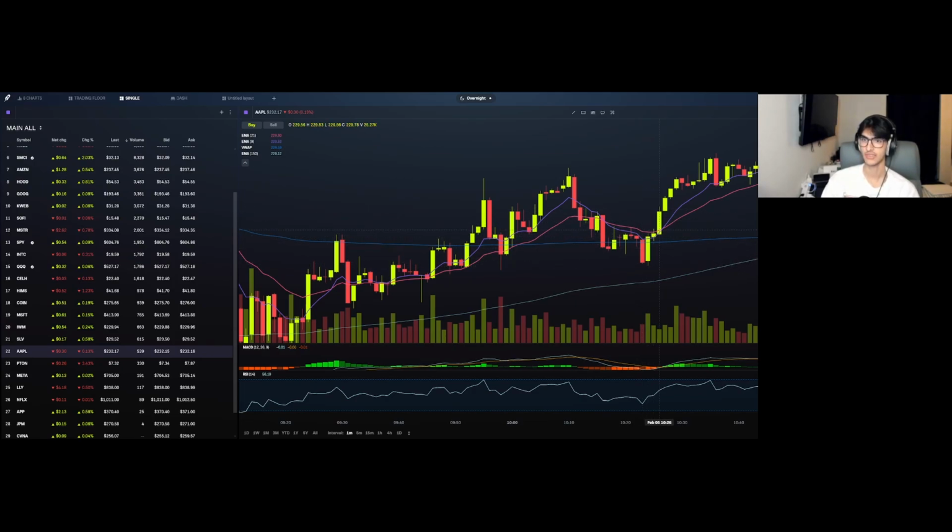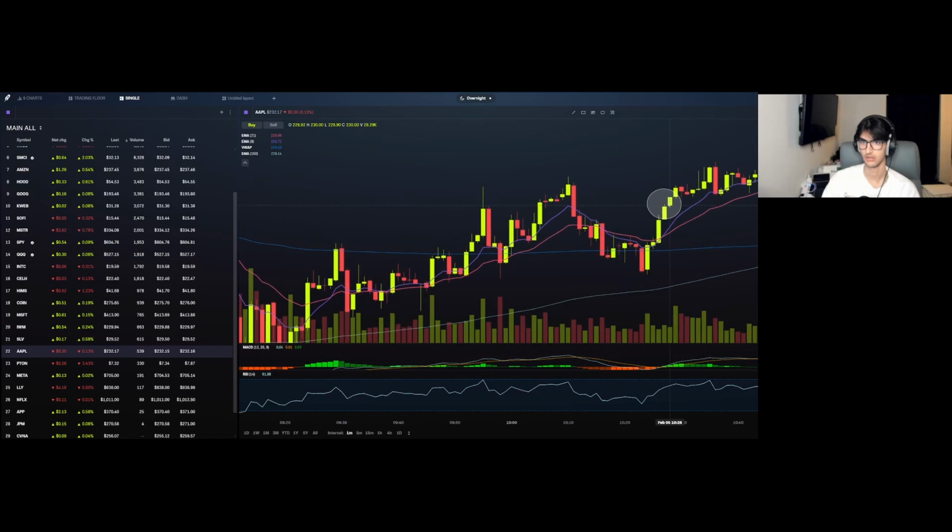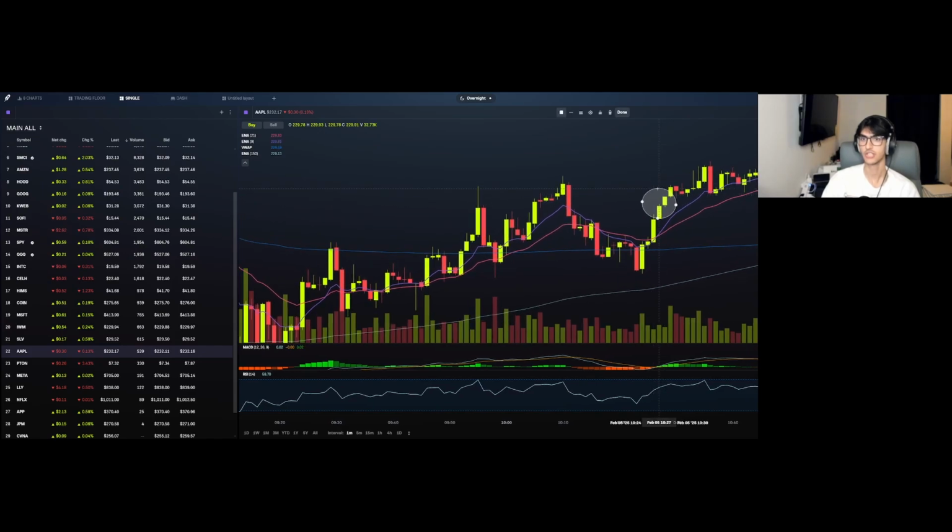As soon as we get this cross, where our faster EMA flips and crosses our slower EMA, you should be taking longs on this candle right here. I wish I could point to this candle. You get the picture.